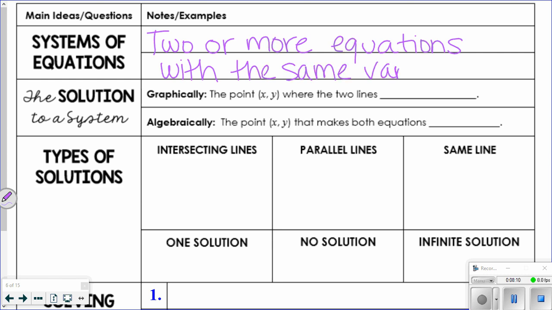And usually when we're graphing, we use x and y. Sometimes if there's a story problem, we might use something else. Graphically, it's the point x, y where our 2 lines intersect, and that's what we're going to do in lesson 17-1. And then in 17-2 and 17-3, we're going to look at how to solve these algebraically, and that's the point that makes both equations true.